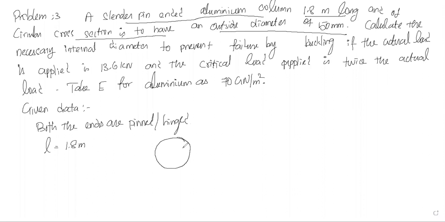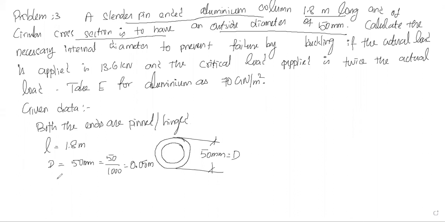So outside diameter they have mentioned as 50 mm. It is capital D. So capital D is equal to 50 mm, that is equal to 50 divided by 1000, that is 0.05 meter.